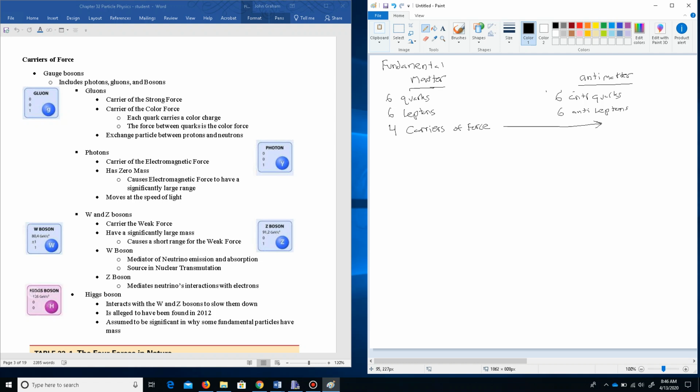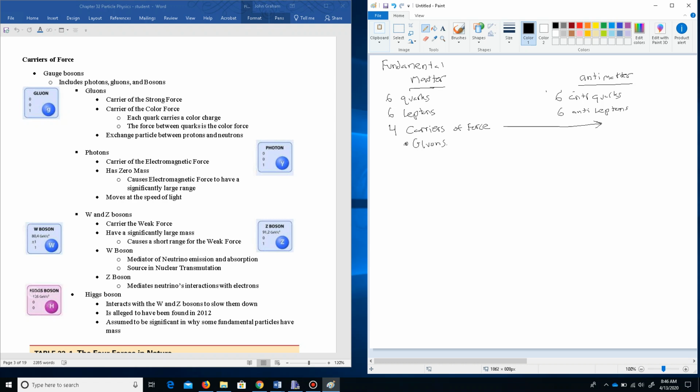So the 4 that we have: the gluons, this is the carrier of the strong force. It's also the carrier of what we're going to call the color force, which deals with quarks, and it's kind of a weird way of phrasing it. But you see what I mean when I get to it. The color is just basically a categorical name for it.